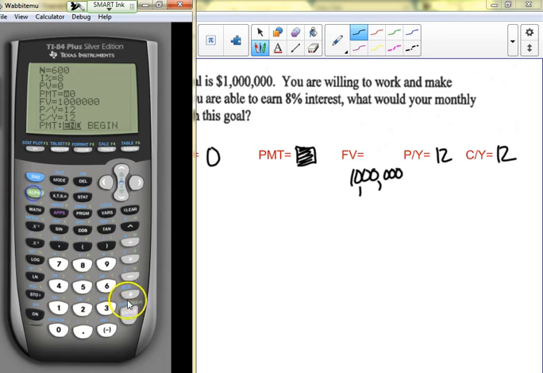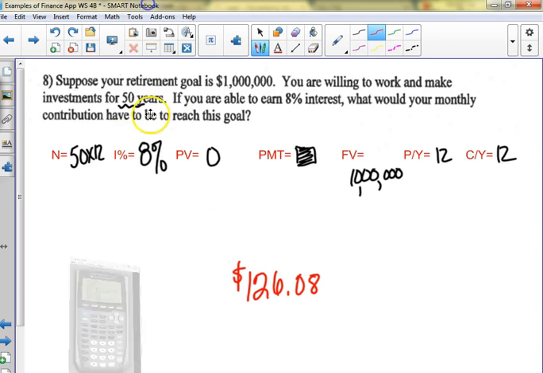So our payment, you'd be surprised, N is 50 times 12. All we need to do is put away $126.08 a month.